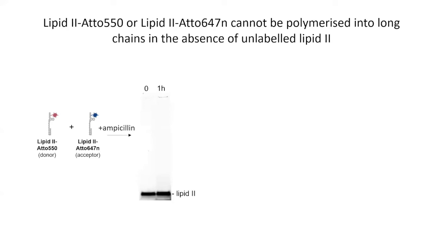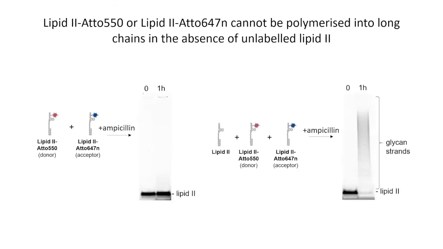Another reason to add unlabeled lipid 2 is that when you have only labeled lipid 2, we saw that the proteins cannot polymerize these compounds. We think this is due to the large size of the probes that prevent two labeled lipid 2 molecules from binding to the glycosyltransferase domain. So only when you have unlabeled lipid 2 present is peptidoglycan synthesized.